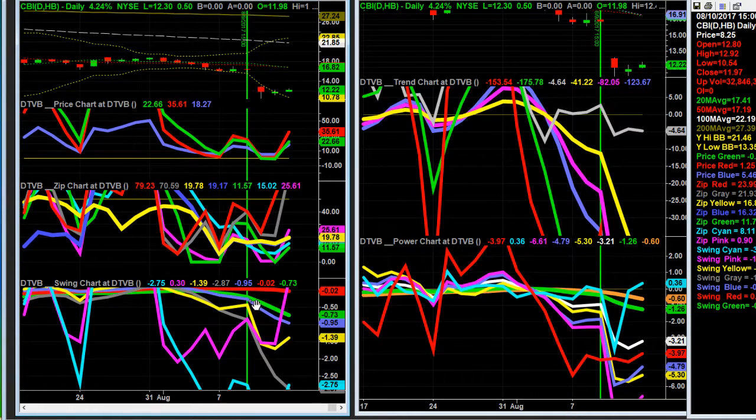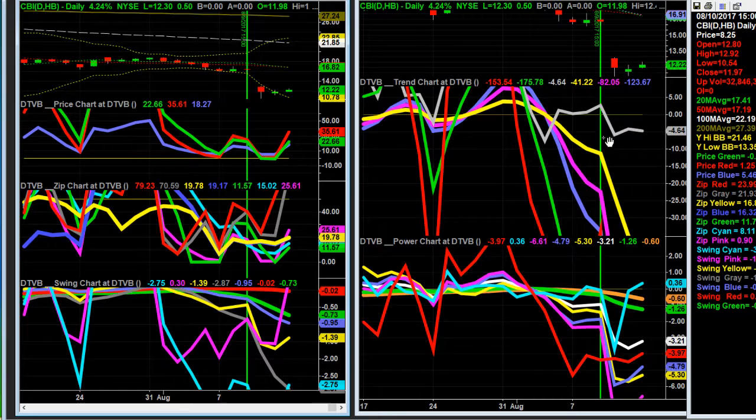Swing yellow up touches blue, swing pink is up touching gray, and swing pink and swing Zion are again in divergence. You're going to see swing pink and swing Zion in divergence a lot in gaps. That's one particular thing that occurs in a large percentage of gaps.